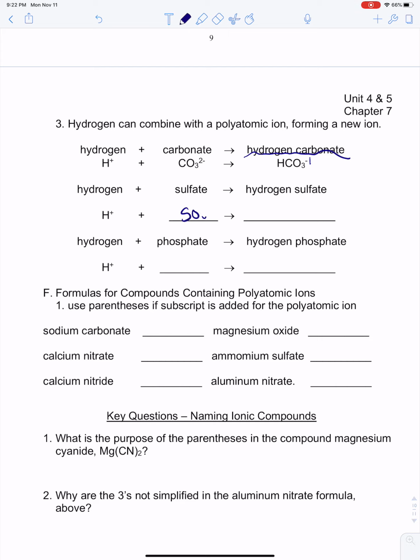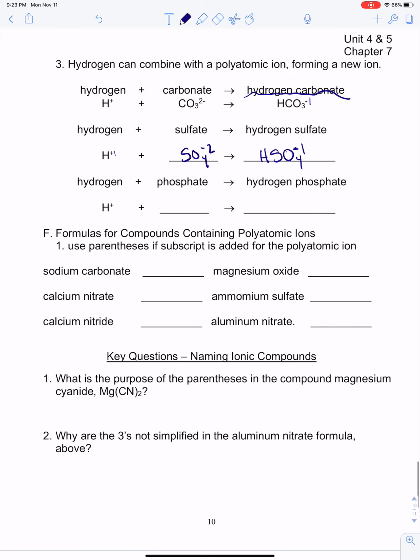Sulfate is SO4 minus 2. If we take sulfate and combine it with hydrogen, we'll end up with another polyatomic ion called hydrogen sulfate. Now sulfate is minus 2, hydrogen is plus 1, so the hydrogen sulfate ion would be a minus 1 charge.